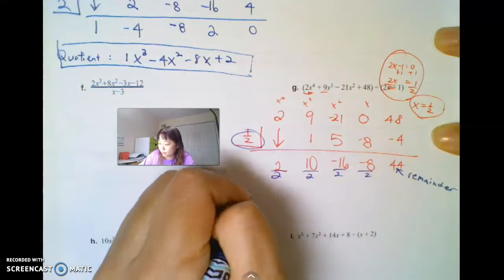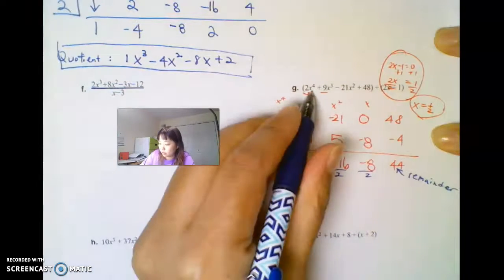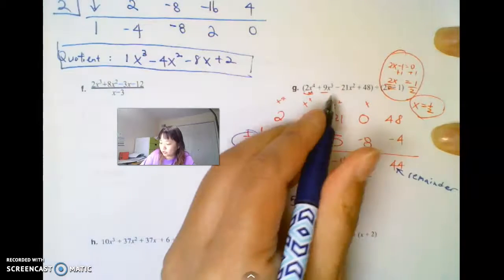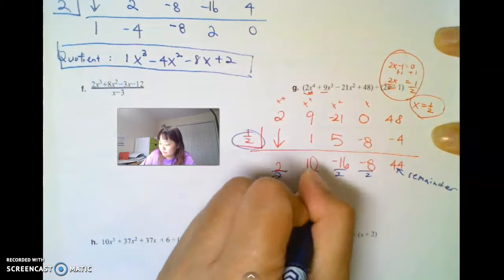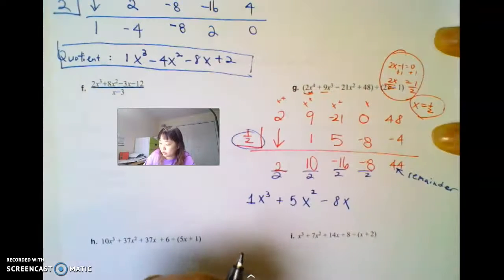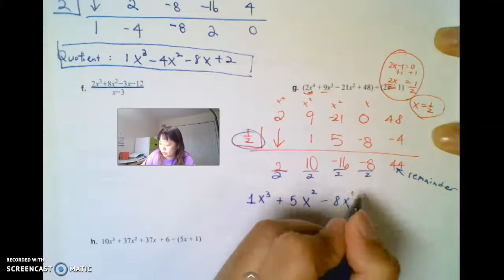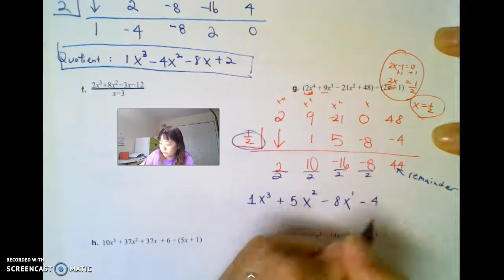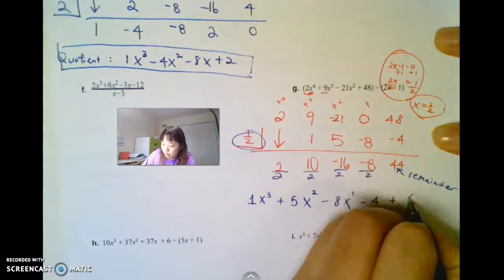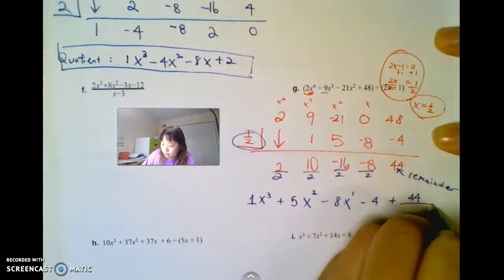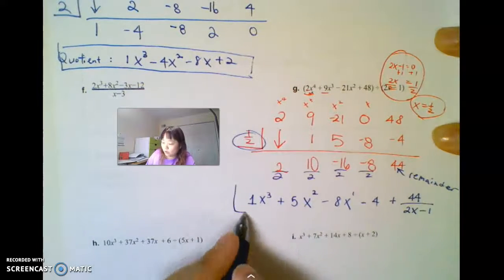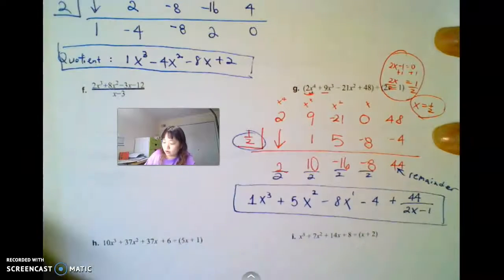So now we have 1 x to the third plus 5 x to the second power minus 8 x to the first power, or just x, minus 4. The remainder we're going to write like this: 44 is remaining out of the divisor that we're looking at, 2x minus 1.